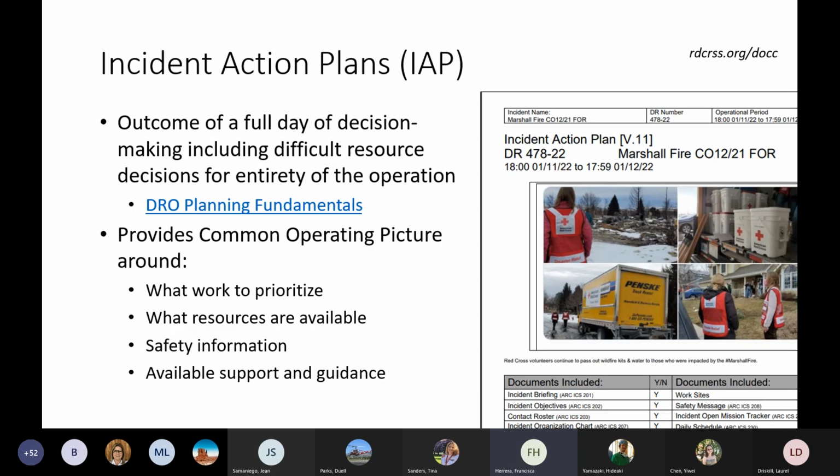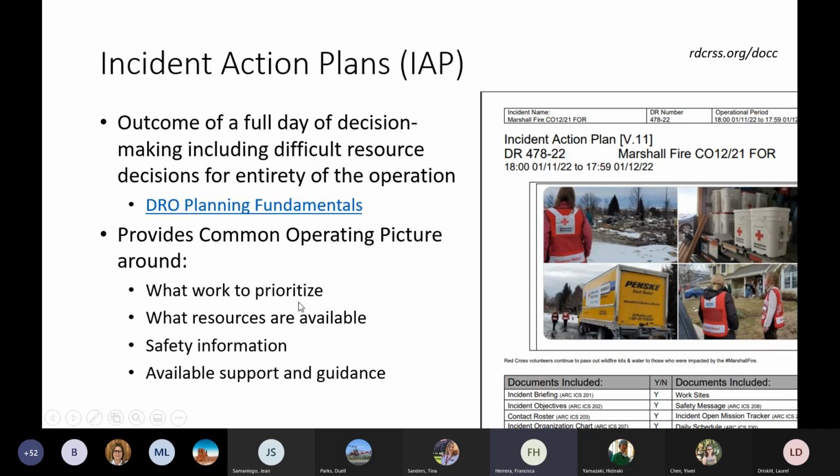If you want to understand more about the process of how we do planning, when Yue shares a copy of this slide deck for you at the end of the presentation, you'll see there's a link to the DRO Planning Fundamentals, which is a course that is offered that breaks out the process of how this is done. So ultimately, the incident action plan is a mechanism to provide common operating picture around some key things that you need to know when you go on a deployment.